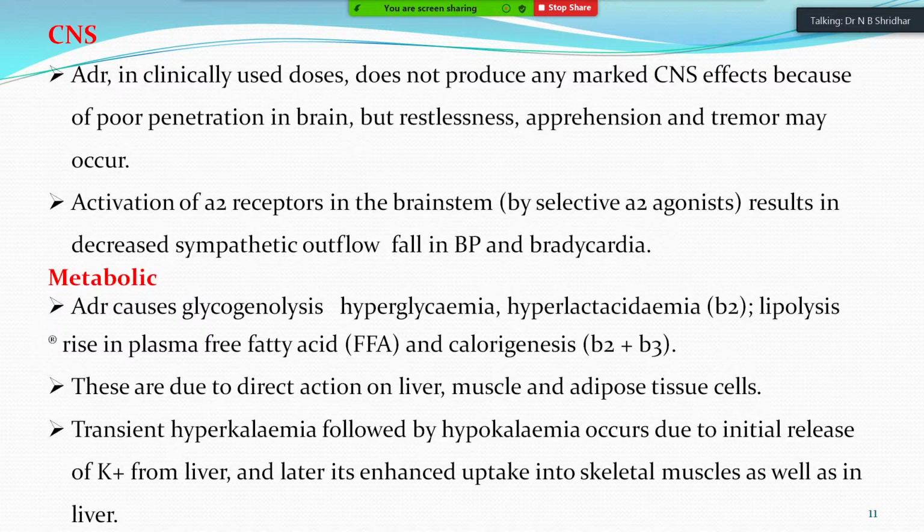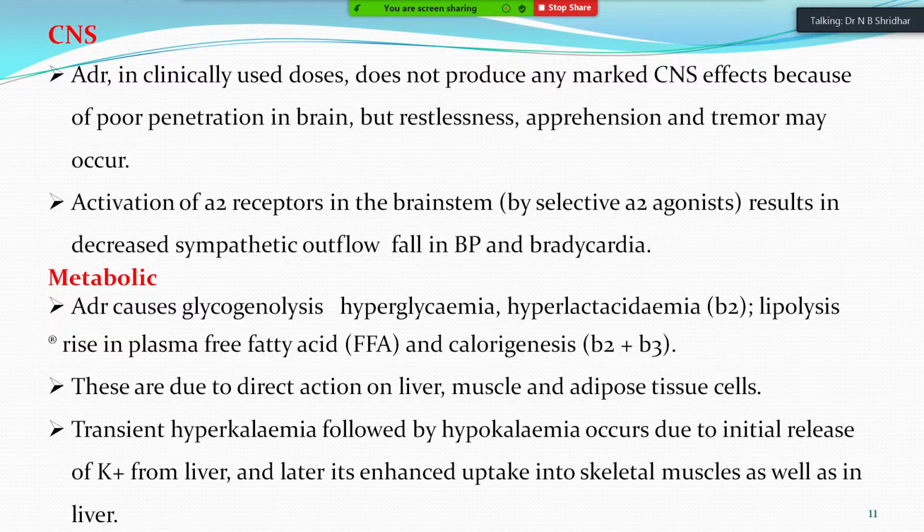These are due to the direct action on the liver, muscle, and adipose tissues, as I already told. So, the depots of glucose are present in the liver, in the muscle, and in the adipose tissues. The first one is the liver, then the muscle and adipose tissues.